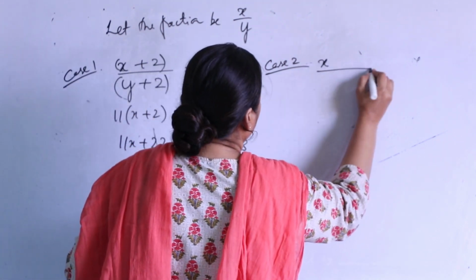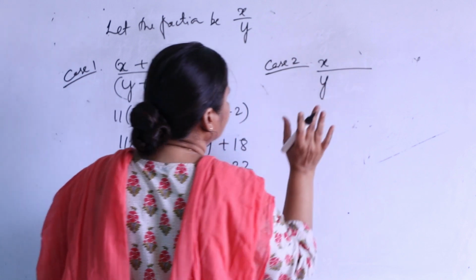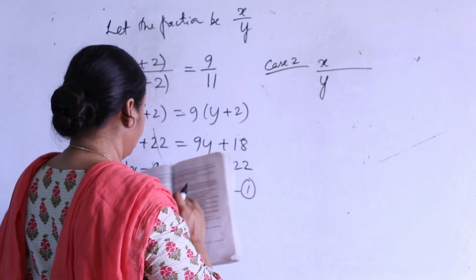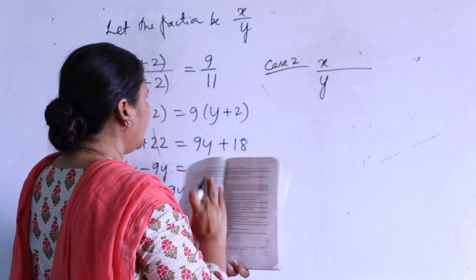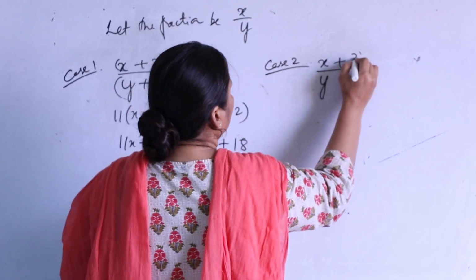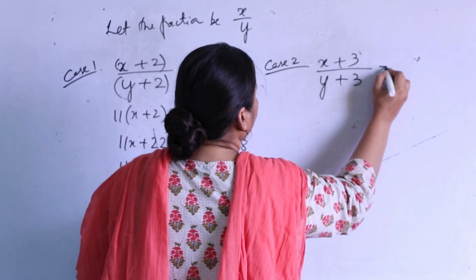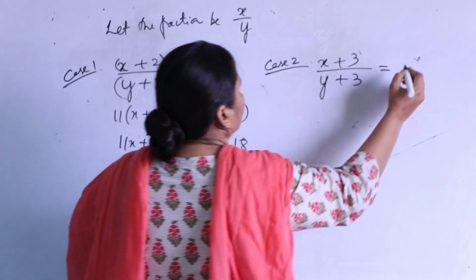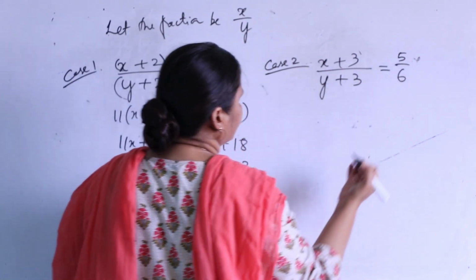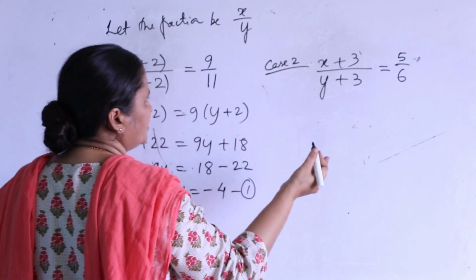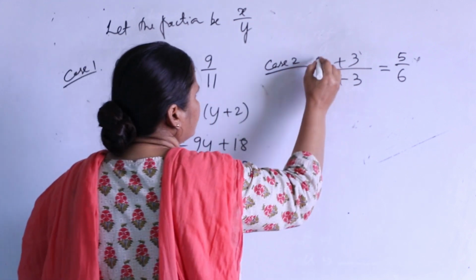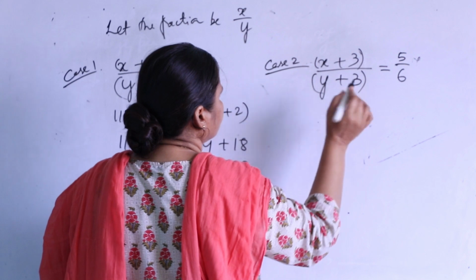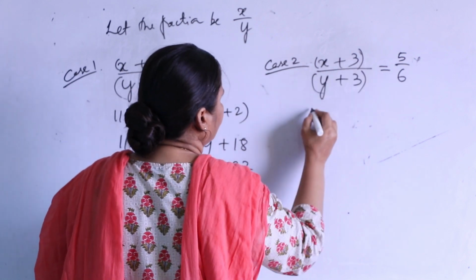Before you apply any conditions, keep this ready. Next, 3 is added to numerator and denominator. And they say the fraction becomes 5 by 6. And then what is it that we have to do? Immediately brackets. Very important. Then cross multiply.